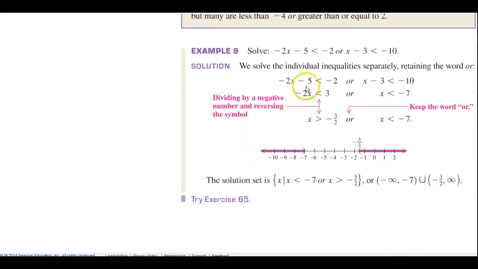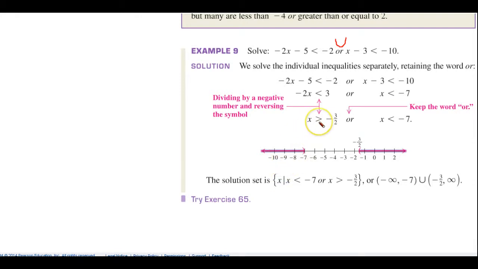Example 9. Now here we have an inequality. It's an OR. So we have a union in this. So we solve each one. And again, since it's an OR, it will be a disjunction.